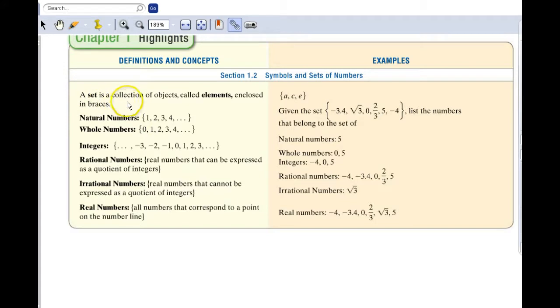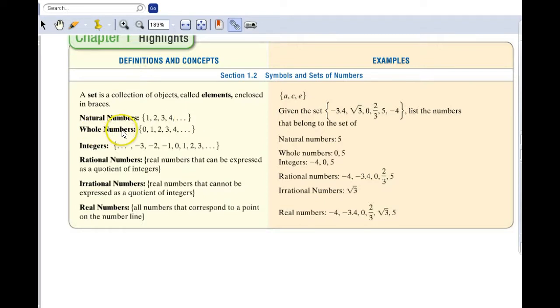A set, as we just said, is a collection of objects. The members of the set are called the elements, and they are enclosed in braces. So these are the natural numbers. It starts with 1, 2, 3, 4, then an ellipsis that indicates this pattern is continuing.